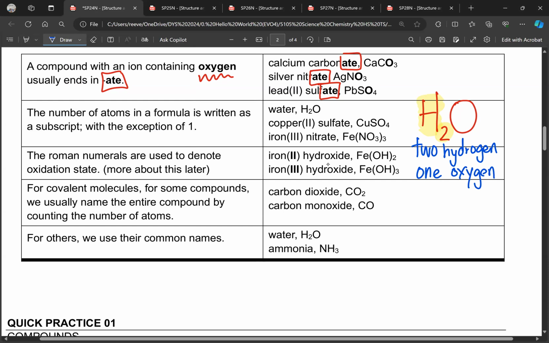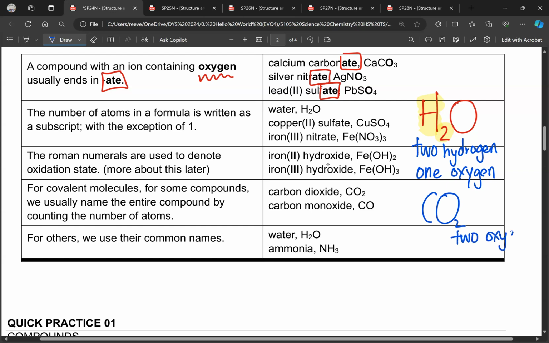In this case, the O for H2O has no number. No number means just 1. But if I need more than 1, let's say 2, then I'll write 2 on the right side of it. So H2O means 2 hydrogen. CO2 means 2 oxygen.